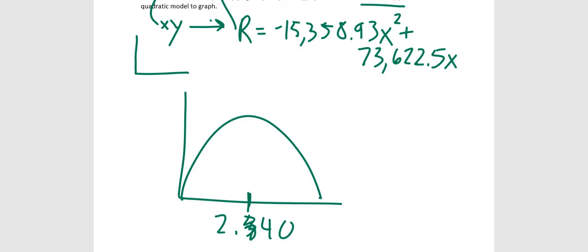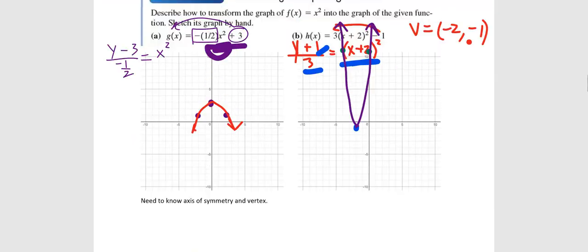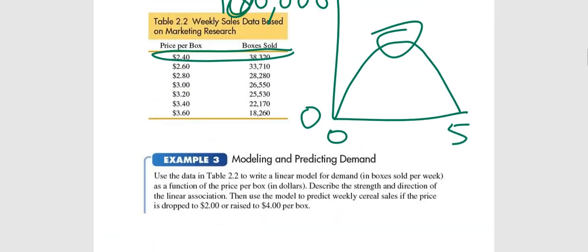Okay, the only way you're going to know what it is is to look at the data. If you look at the price per box of cereal, I knew that $5 would be on the high side, right?